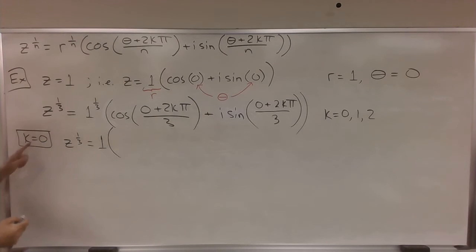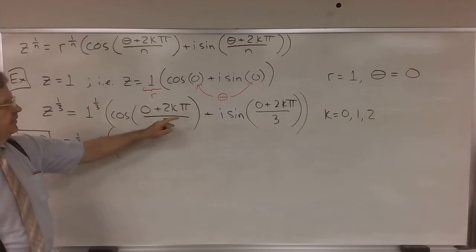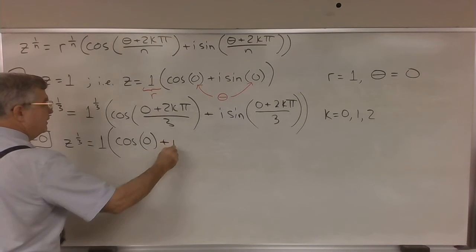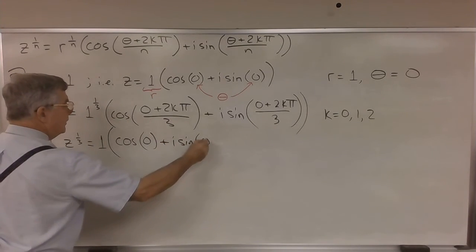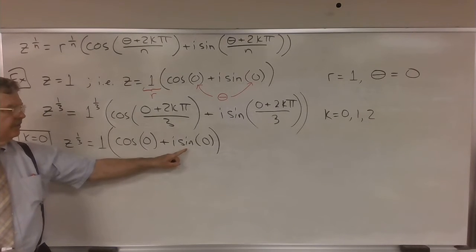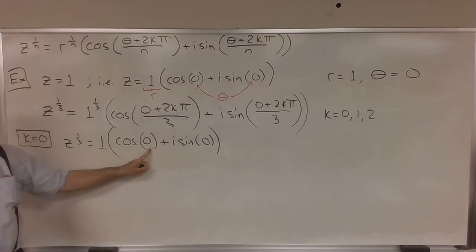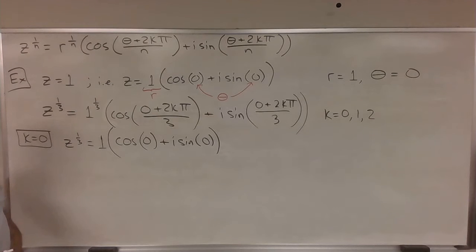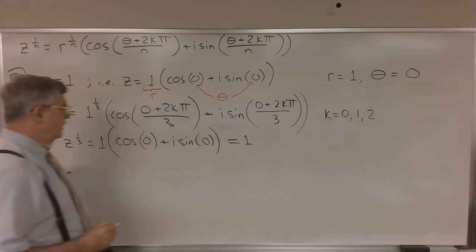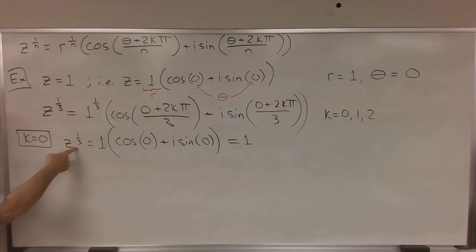Well, if k is 0, then 2k pi is 0, so we just get cosine of 0 plus I sine of 0. Sine of 0 is 0. Cosine of 0 is 1. So we just get 1. When k is 0, we generate the cube root of 1, which is 1.